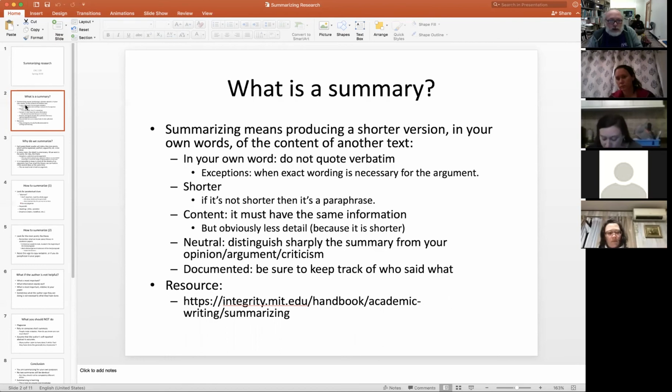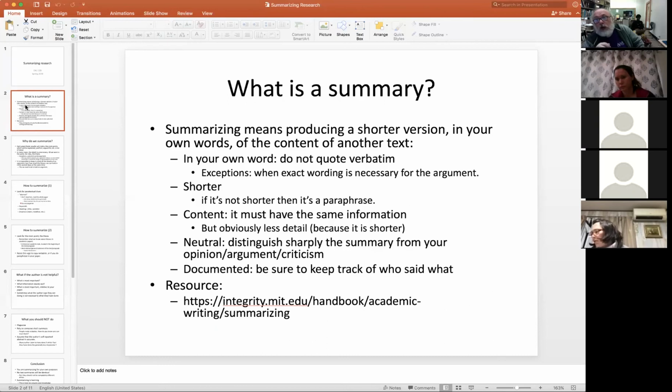Now you will recall from one of the previous discussions, we said in some cases it's okay to maintain the original wording, and that is when you really need the original wording.